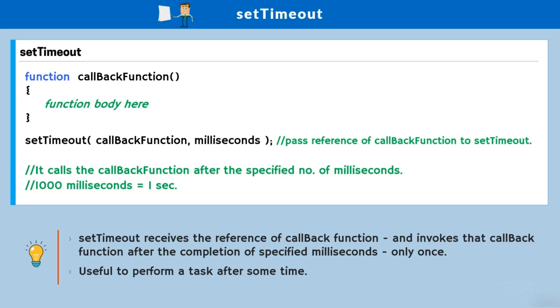The web page is open now, and after 1 minute you would like to show some ad in the middle of the page. Then you can write the code of displaying the ad in a function and invoke that function after 1 minute by using setTimeout. Like this, whenever you want to execute a function based on a time bound, you will use setTimeout.